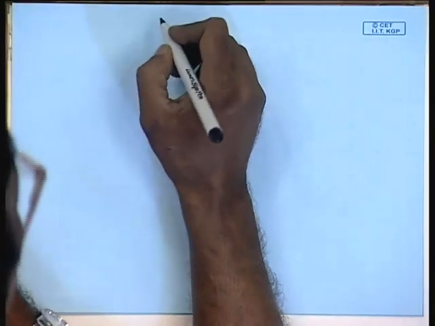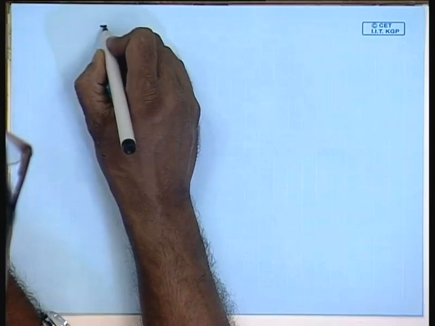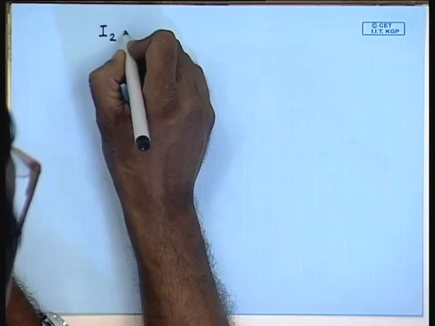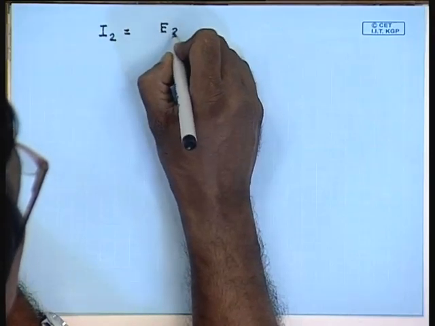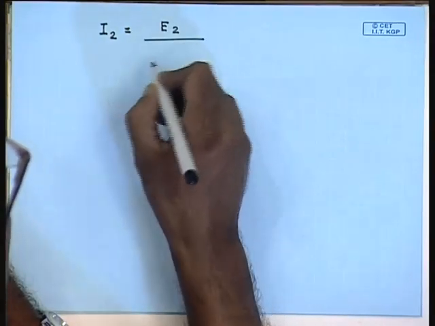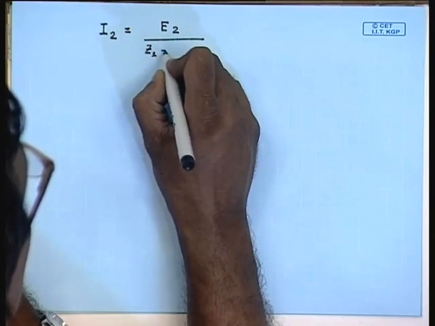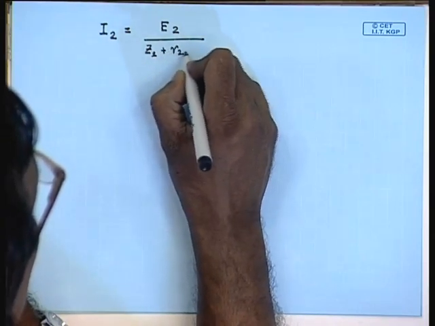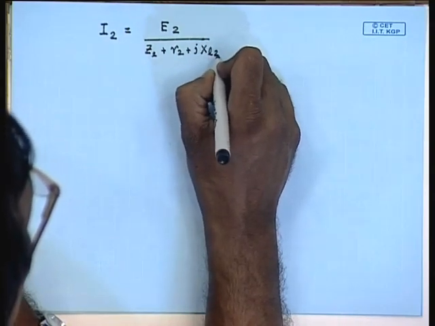The current I2 is given by E2 divided by ZL plus R2 plus j XL2.